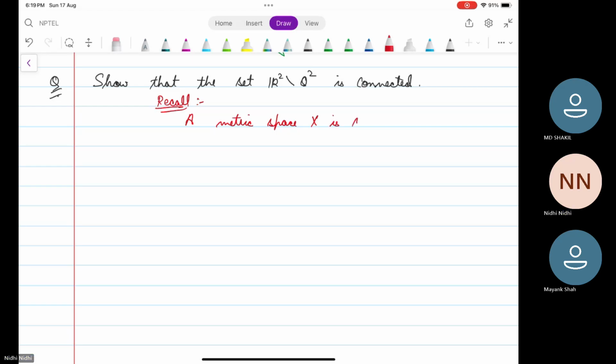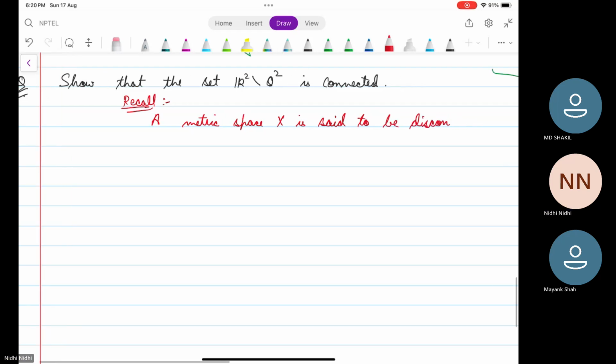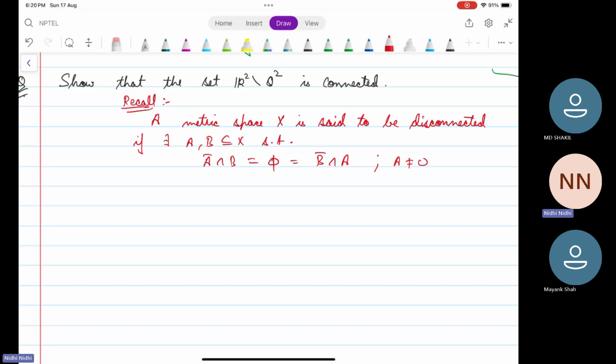X is said to be disconnected if there exist two subsets A and B of X such that the closure of A intersection B is empty, the closure of B intersection A is empty, none of the sets are empty, and we can write X equals A union B.